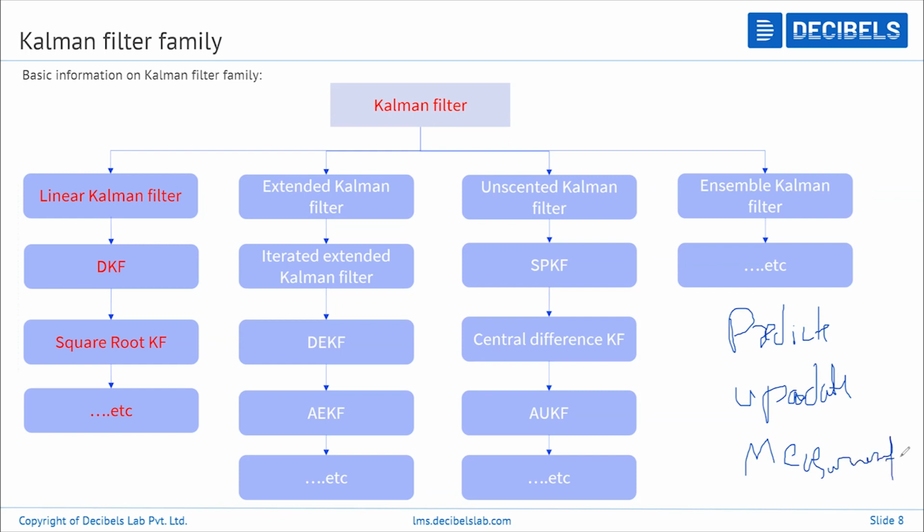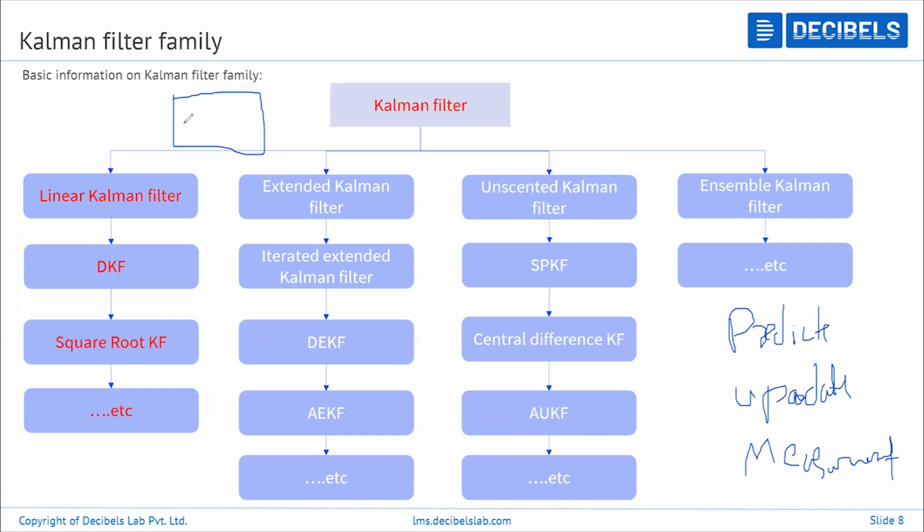The difference is that, I'll take one example to define how they are different from each other. The linear Kalman filter is applied when the system we develop is linear, so it has a linear changing behavior.